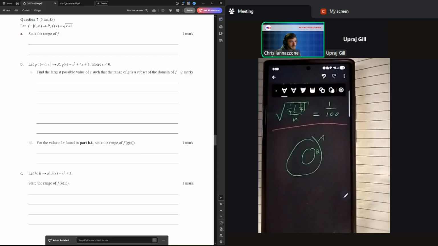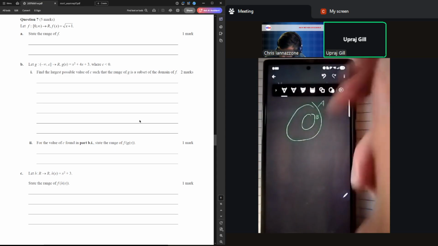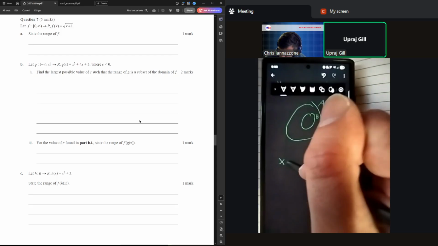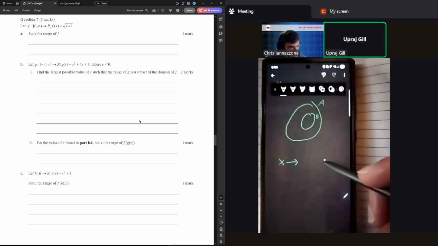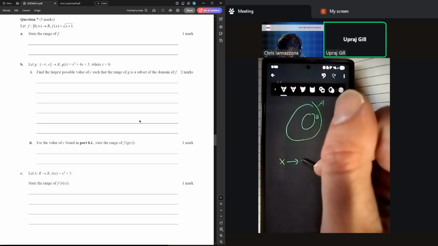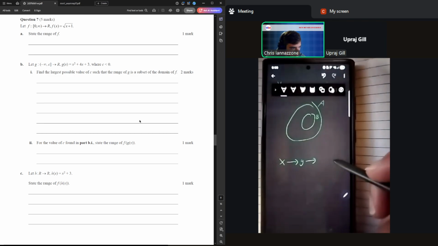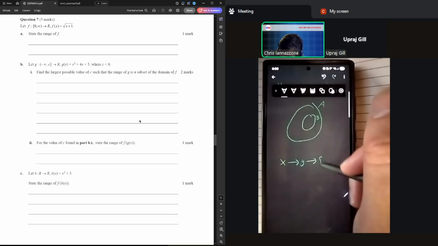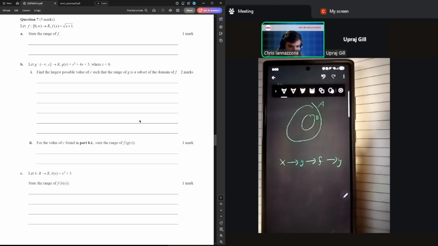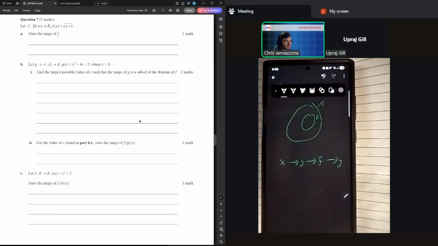Does it work out either way? I don't know if this is one of those cases where it just works. The way the composite function works is you have some x value, it gets fed into g, and then whatever comes out of g gets fed into f, and then finally you get your y value at the very end. So the domain of g should be the bottleneck there.